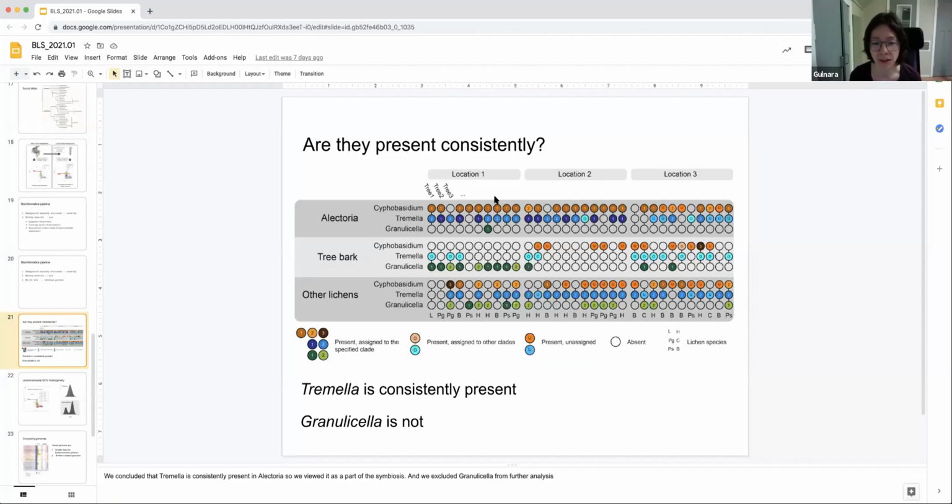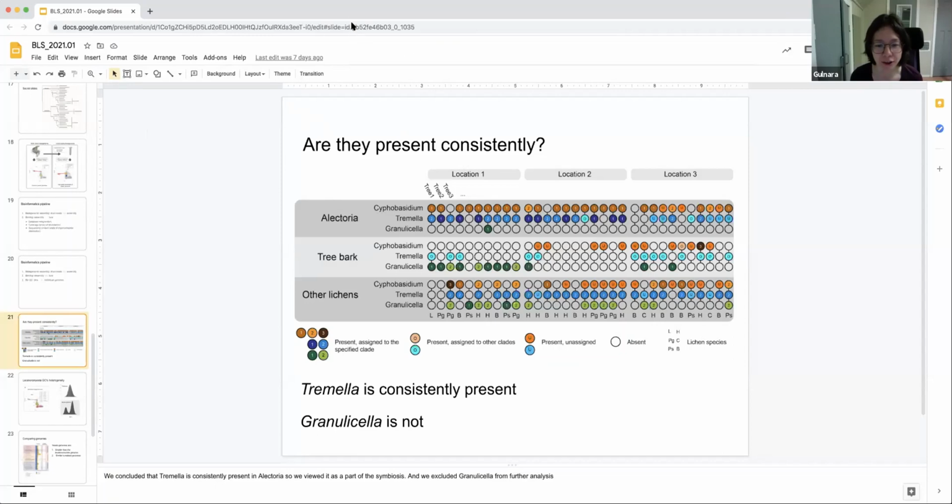We collected 33 other Alectorias and paired them with specimens of other lichen species that grow close to Alectoria, and also just tree bark, to make sure that what we are seeing is not random contaminants from the environment.